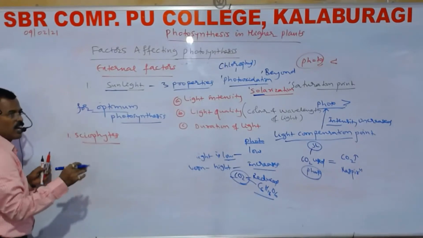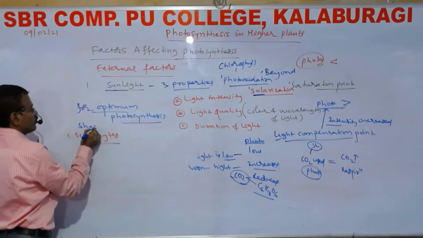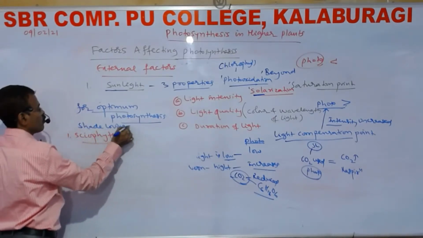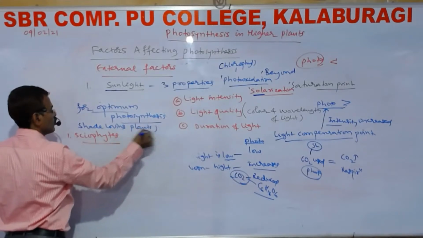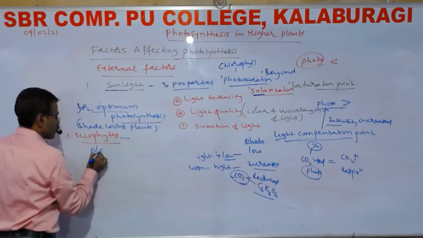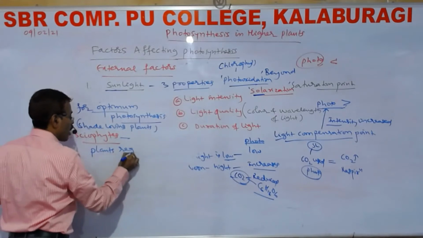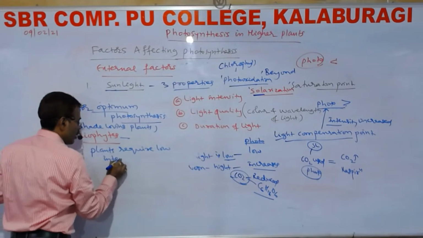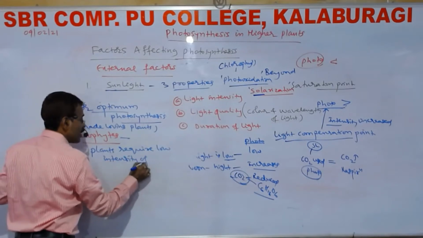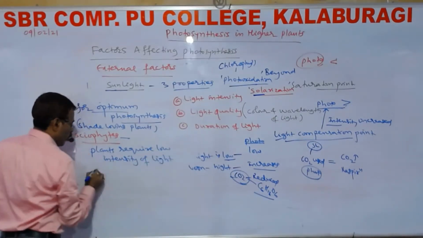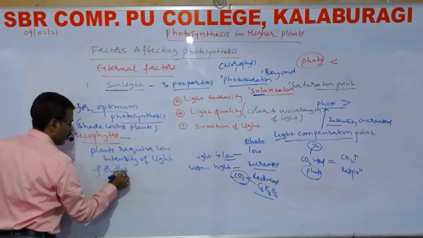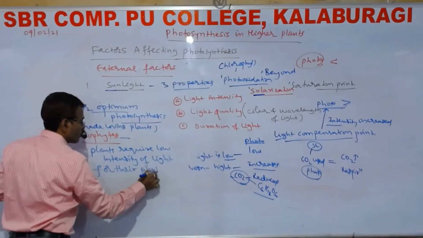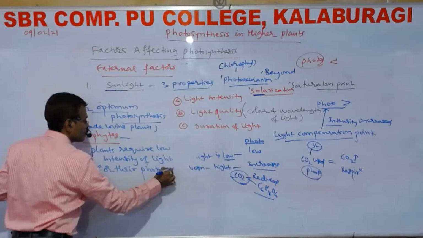Sciophytes are usually shade-loving plants. These plants require low intensity of light for their photosynthesis.